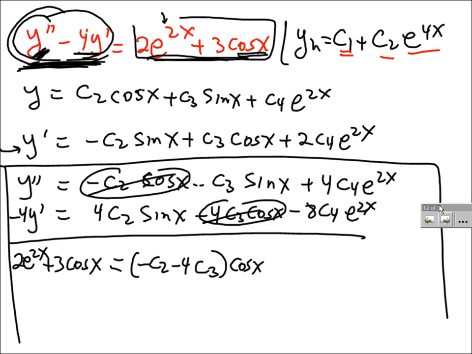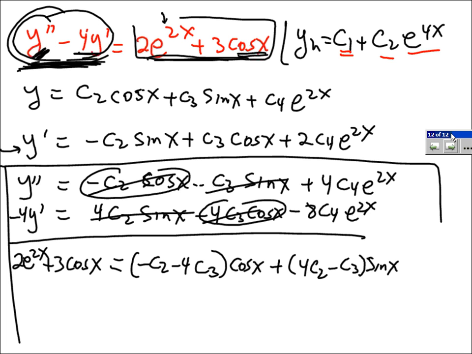Now let's do sine x's. I have 4c2 and I'm taking away c3. Now how many e to the 2x's do I have? Well, I'm taking away 8c4's of them and I'm adding back 4. I'm really just taking away 4c4 e to the 2x's.